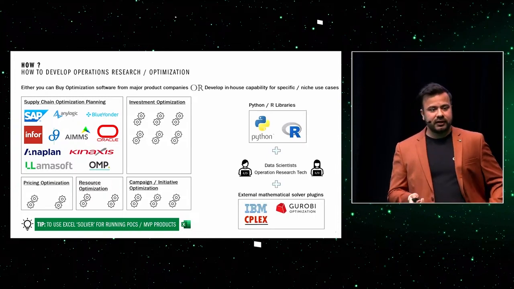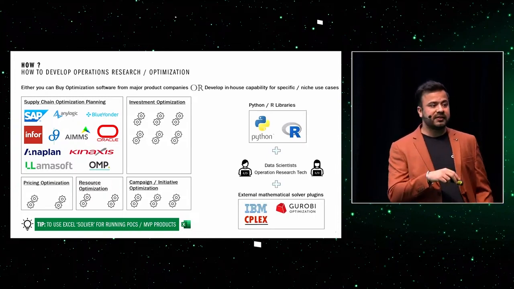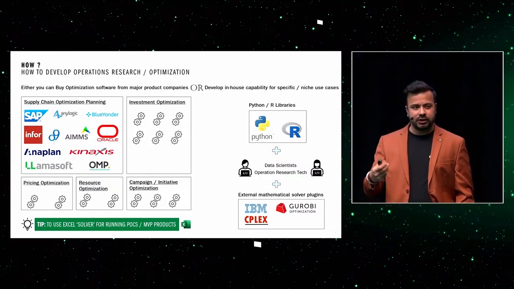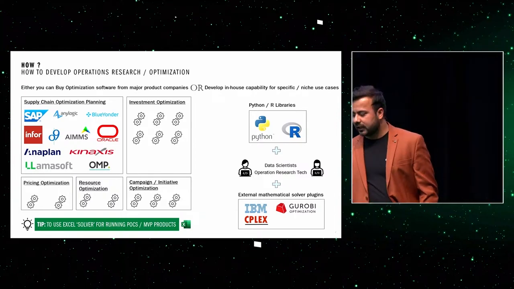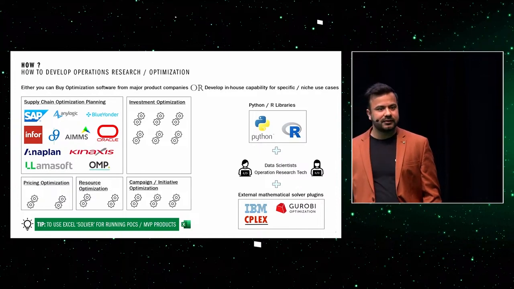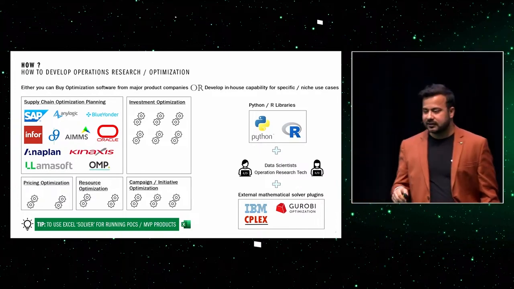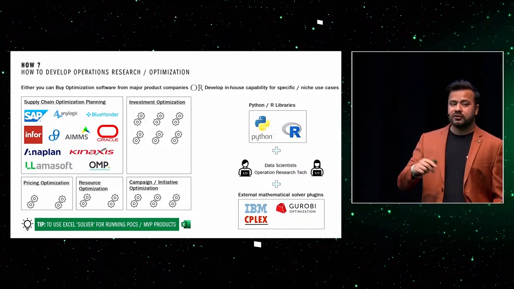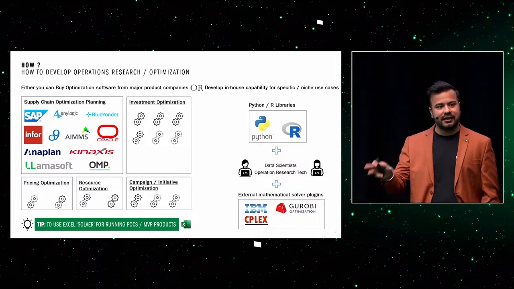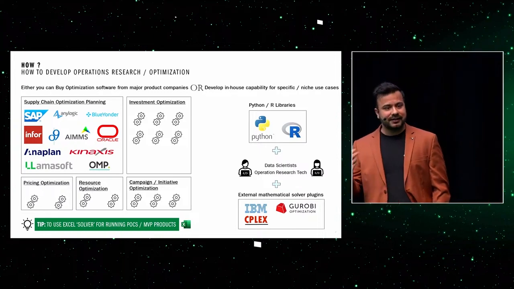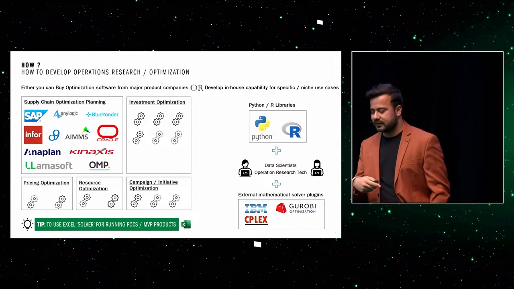Or alternatively, you may want to develop this capability in-house in your company for your specific niche use cases. For that, you can start with Python or standard libraries. You can start by hiring skilled developers who are also specialized in operations research, analytics, PhDs, etc. Or you could start with skilled data scientists.